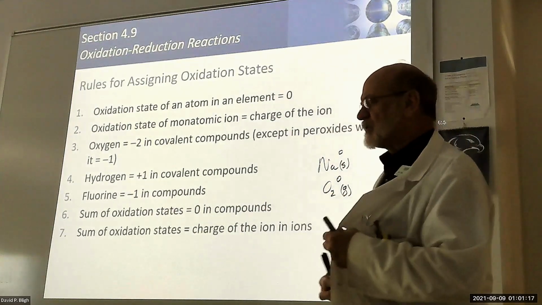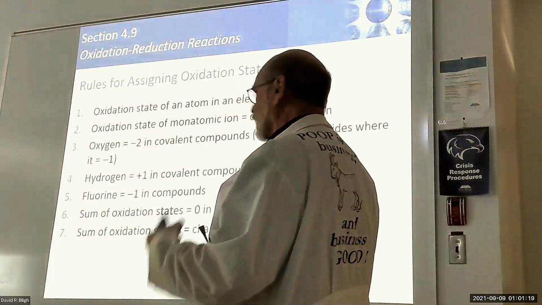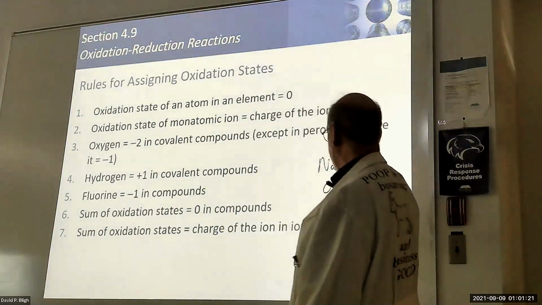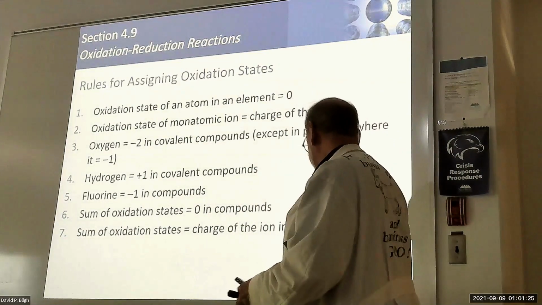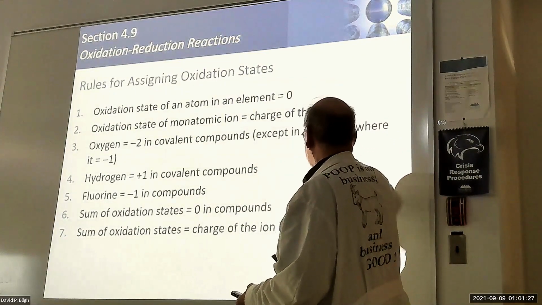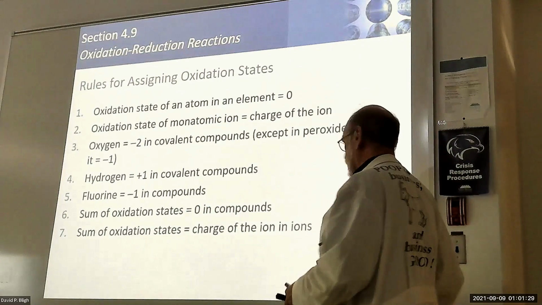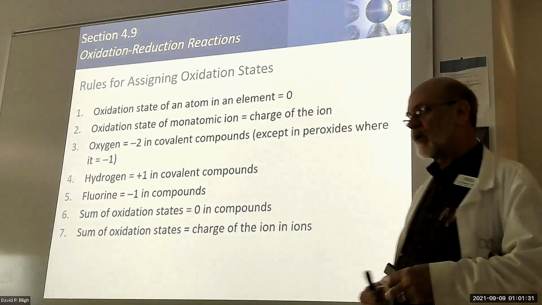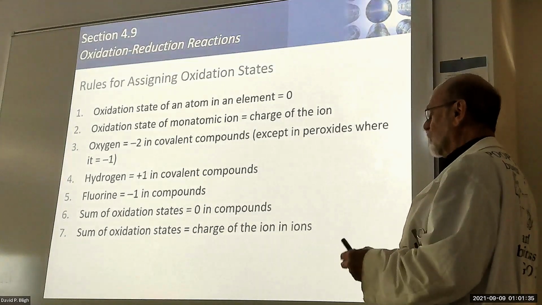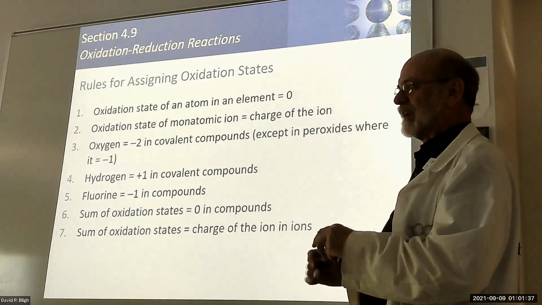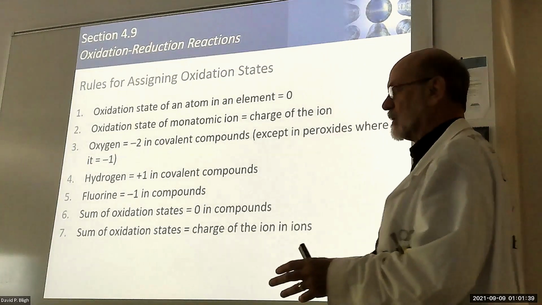Now, the temptation is to say that looks like a charge because we're putting these values in that upper right-hand corner. Right? But oxidation state is a bookkeeping scheme. It doesn't necessarily mean charge, but it helps us keep track of movement of electrons. That's the only reason we use it.